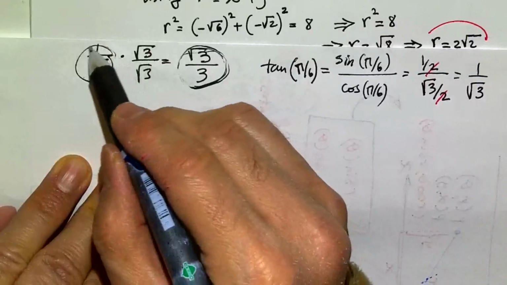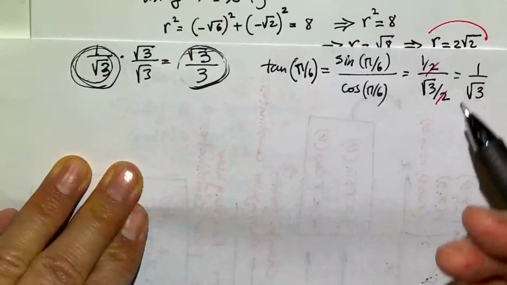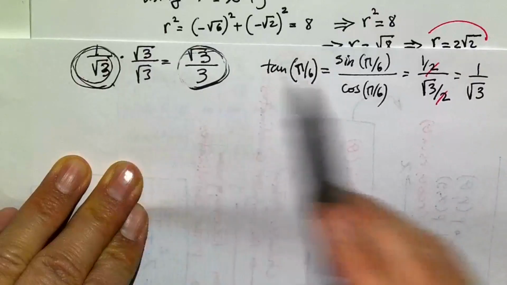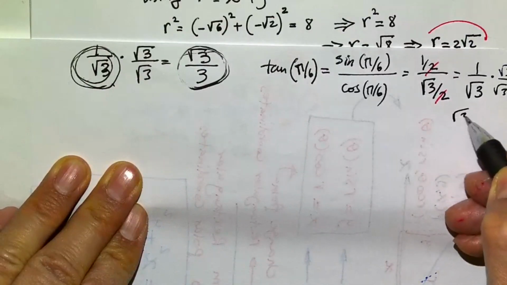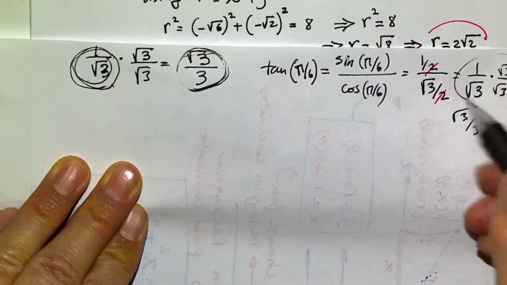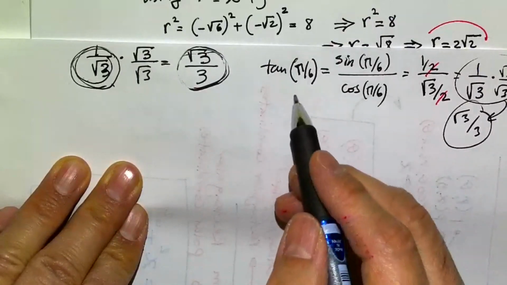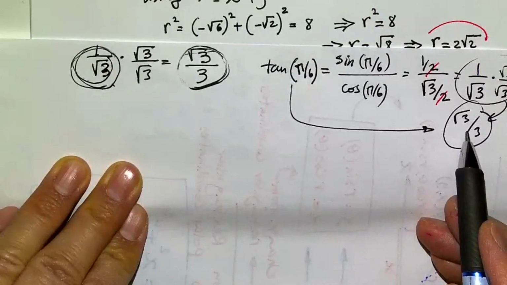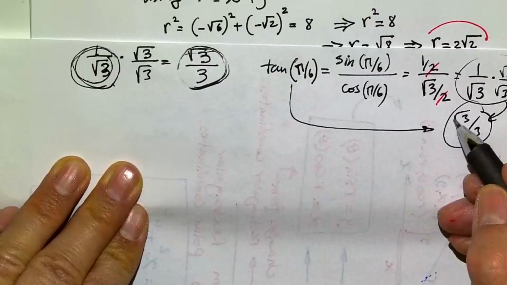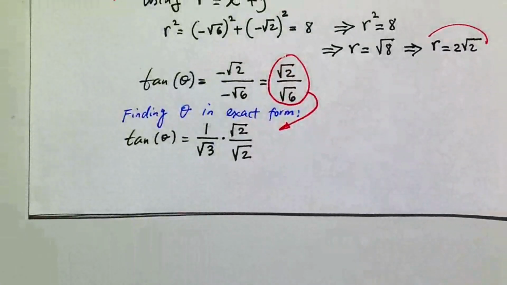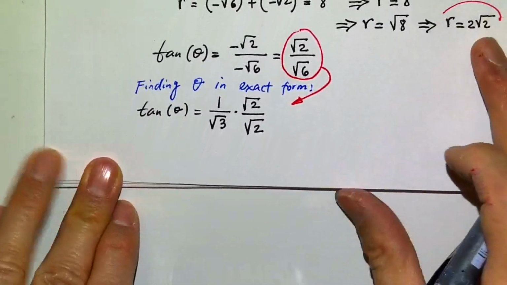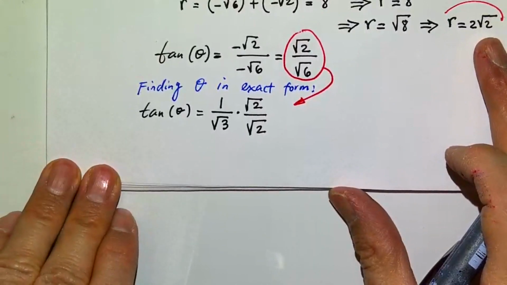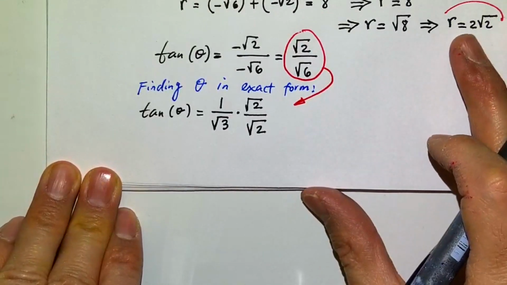Which is familiar, and that's why I'm breaking up the angle we had into that. And then after you rationalize this, you get square root of 3 over 3. So for tangent of pi over 6, or 30 degrees, we got square root of 3 over 3. That's why I broke this up, because we want to give the exact answer, which will help you when you complete the online homework.